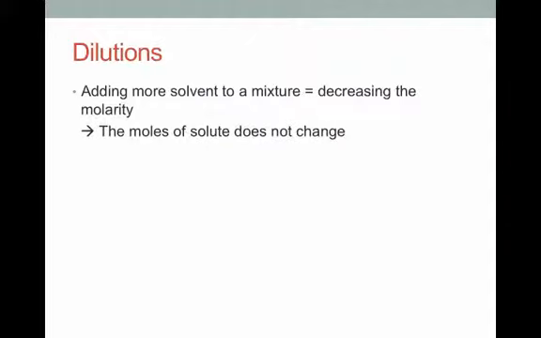And something important to note is when you add solvent, the moles of solute do not change. So, if you remember, molarity is moles of solute over liters of solution.